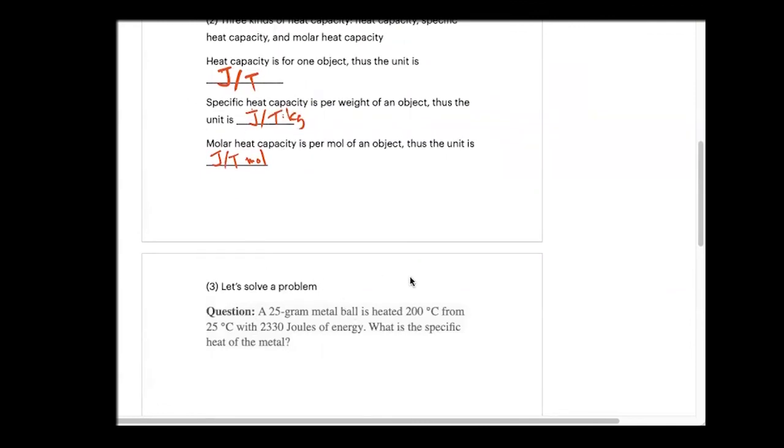So specific heat is Q divided by delta T divided by mass.